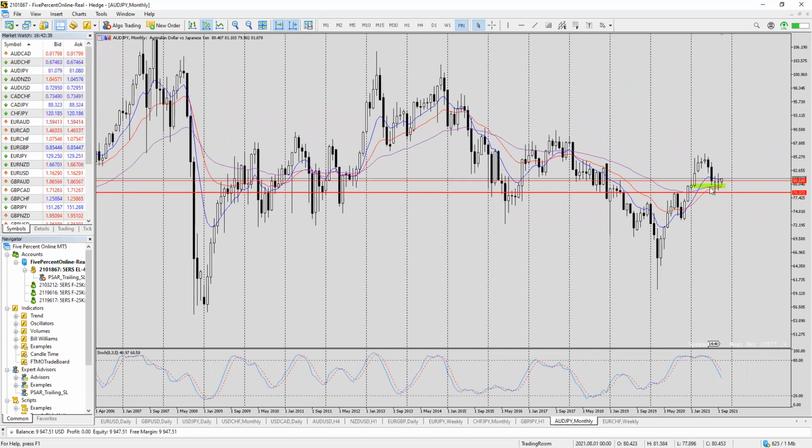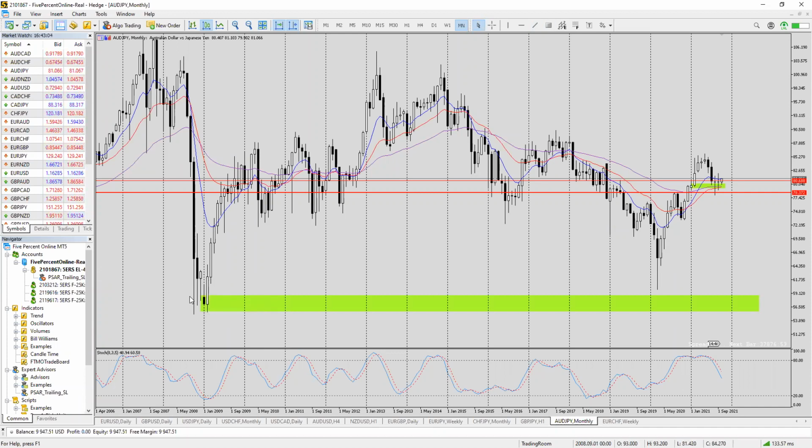On the monthly chart, you can see these two hesitation or reversal candles after this downtrend, so it could continue higher. And remember that it's coming from a big supply zone around here.